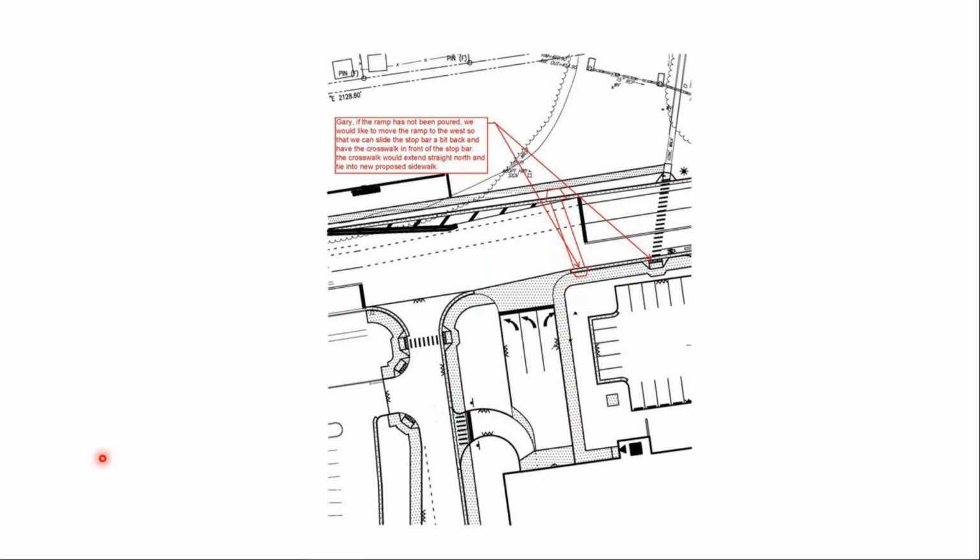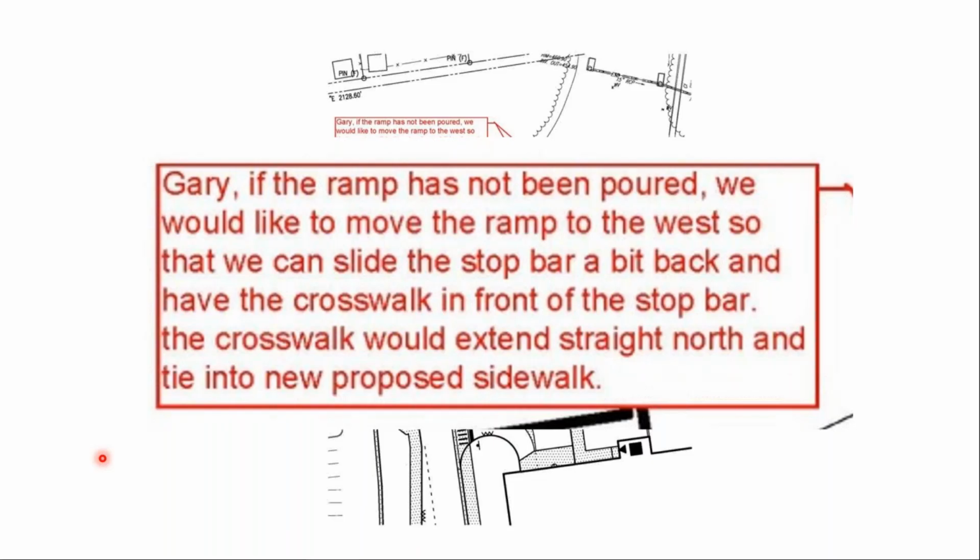So one of the big things in this case, and of course this is not unusual, right, to have reviewers make comments or red lines on plans and drawings, but one of the issues with this case is that no one ever produced a written response from Gary.